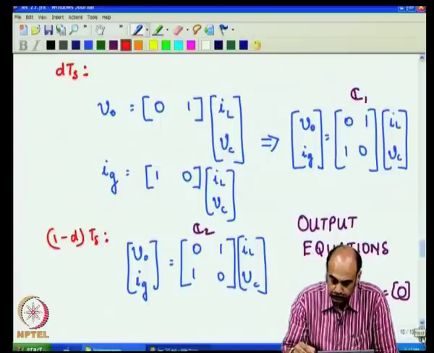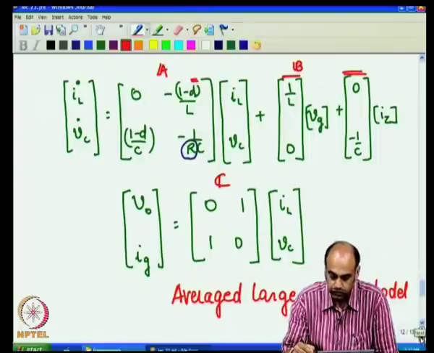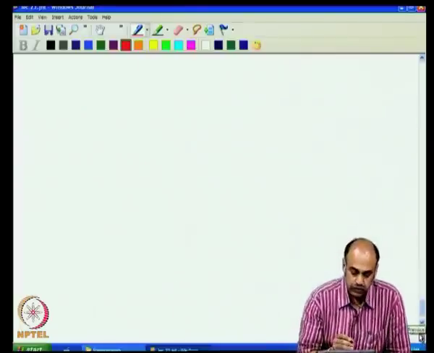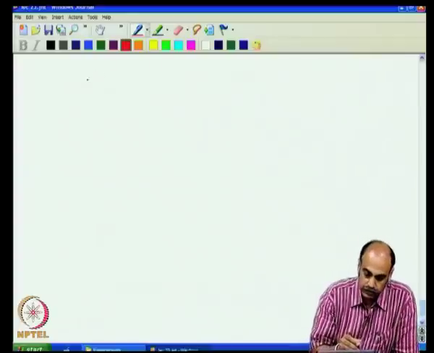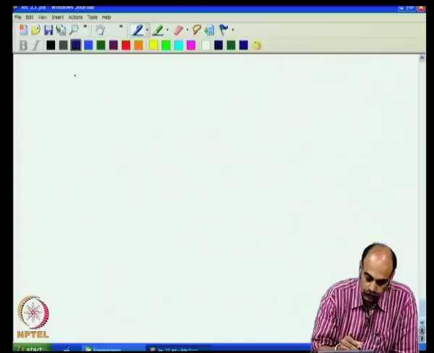Okay, now that we have recapitulated on what we were doing, we shall now proceed from here. So, from the averaged large signal model, we shall obtain the steady state model.